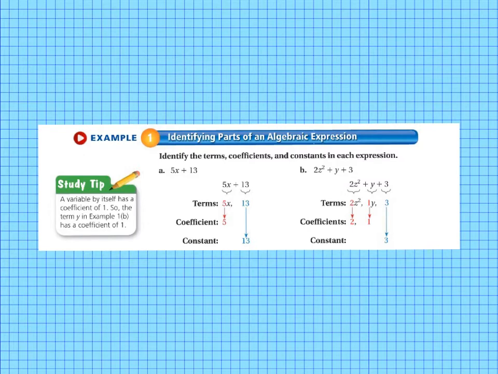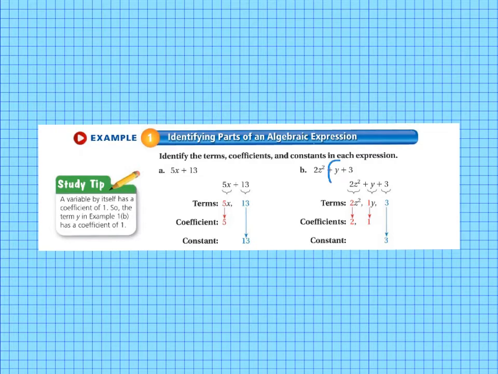Let's start by looking at the study tip off to the side. It says a variable by itself has a coefficient of 1. So the term y in example 1b has a coefficient of 1. So let me show you what they're talking about.